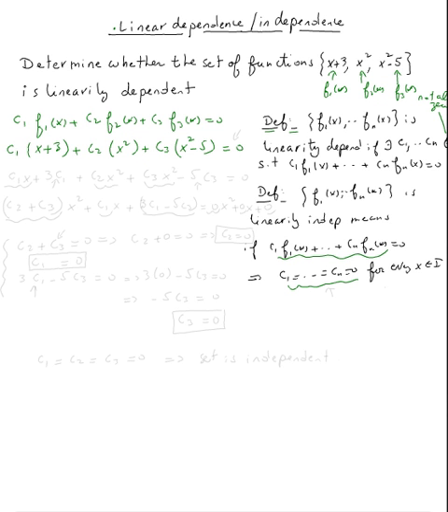Alright, so what do we do? Just like the previous example, we distribute. If you distribute, you get c1x plus 3c1 plus c2x squared plus c3x squared minus 5c3, and this is 0. And just like the previous example, you factor x squared first.